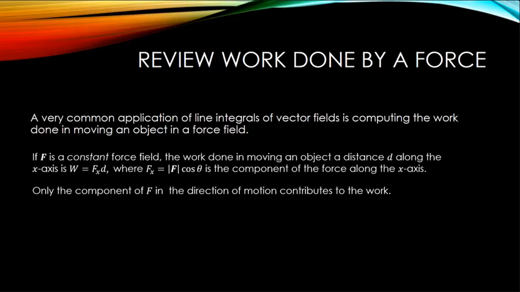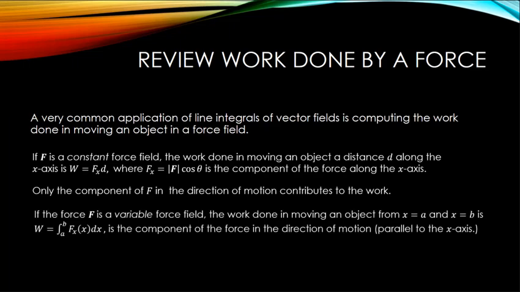Only the component of F in the direction of motion actually contributes to work. And if the force F is a variable force field, the work done in moving the object from x equals a to x equals b is given by W is equal to the integral from a to b of F sub x of x dx. This is the component of force in the direction of motion, which in this case is parallel to the x-axis.